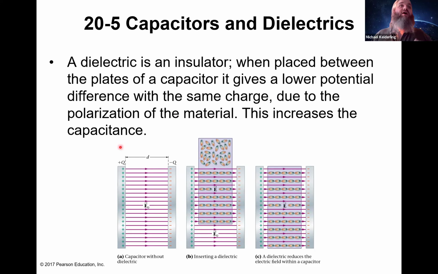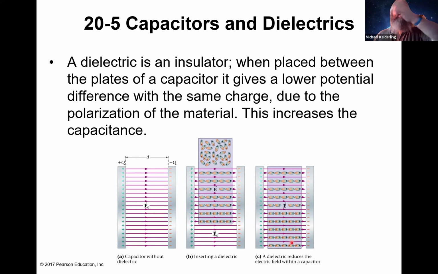And that means for the same charge on the plates, you'll have less electric field, and because you have less electric field, you'll have less voltage, which means that for the same charge, you have less voltage. So if you add a dielectric to a capacitor, it effectively increases the capacitance, because the material in between polarizes and reduces the electric field, which reduces the potential difference across the plates, which means for the same charge you get less voltage, which means for the same voltage you can have more charge. Did that make sense?